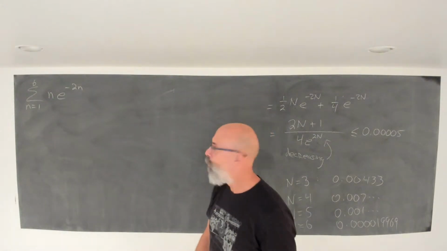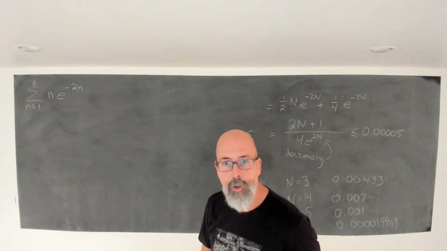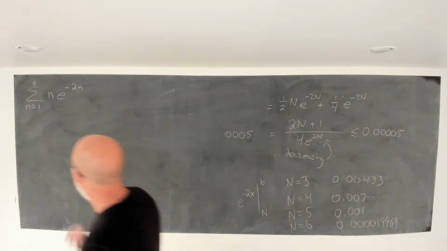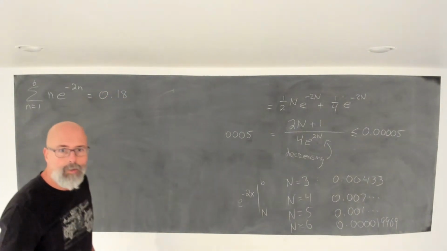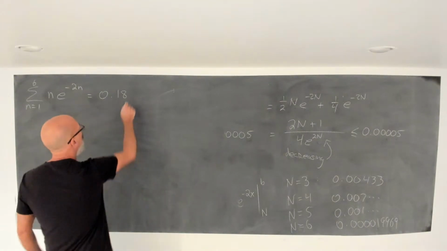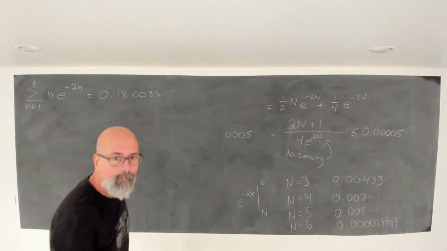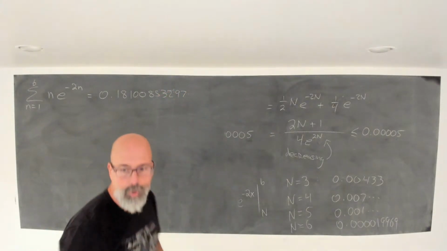If you sum from 1 to 6 of e to the minus 2n, what do we get? 0.18185, 3297, and so on and so on.